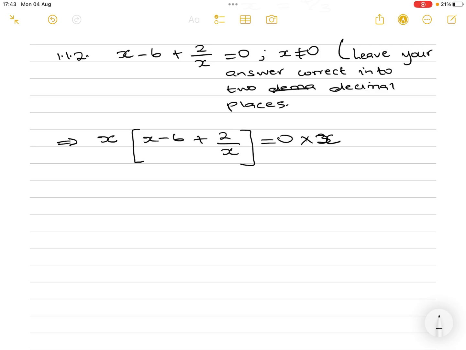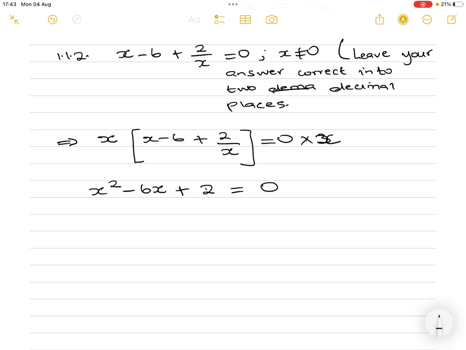So when I multiply by x here, x times x becomes x squared. x times minus 6 is minus 6x, and plus 2x over x, so that is why I'll end up with 2, being equal to 0 times x, which is 0.